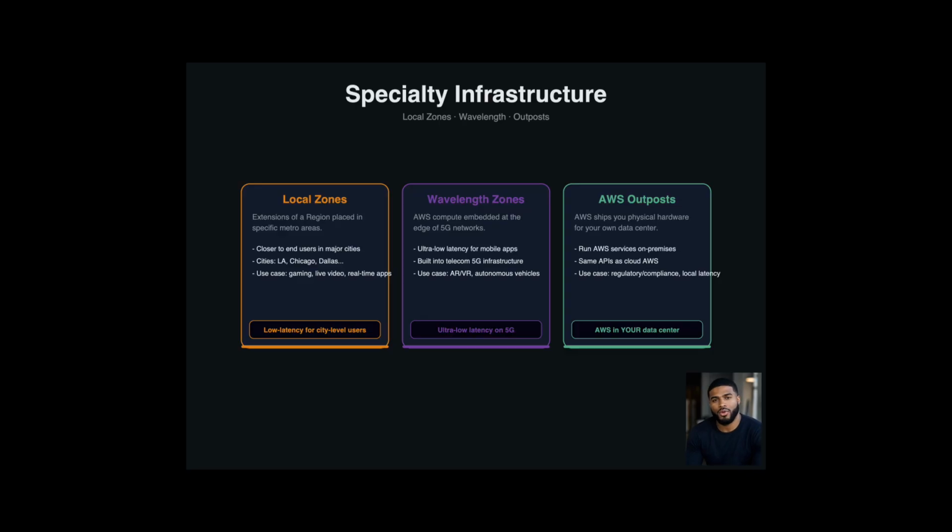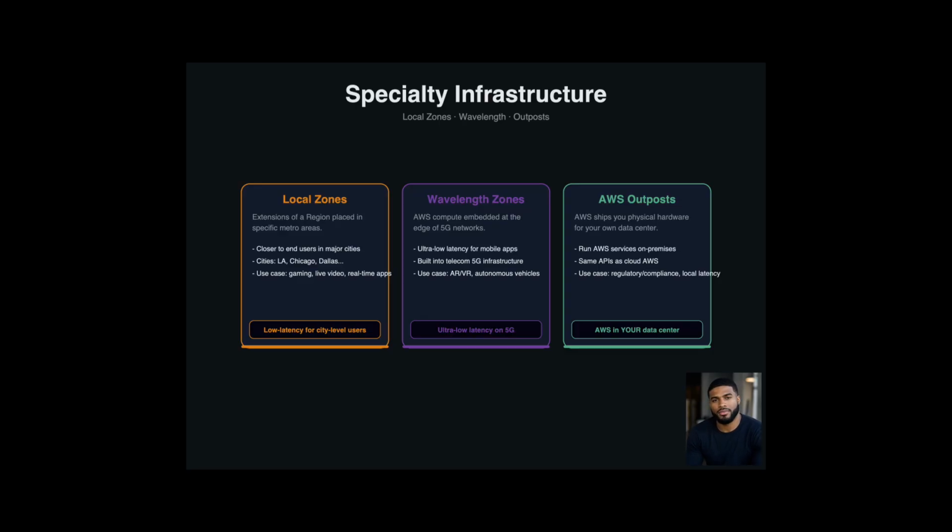These embed AWS compute right at the edge of 5G networks. Super niche. Just know it's for ultra-low latency on 5G mobile. And Outposts. This one's interesting. AWS literally ships you physical hardware that you put in your own data center, so you can run AWS services on premises. It's for companies that have regulatory reasons to keep data on site or need really low latency to local systems.